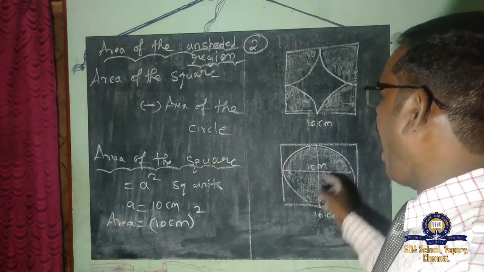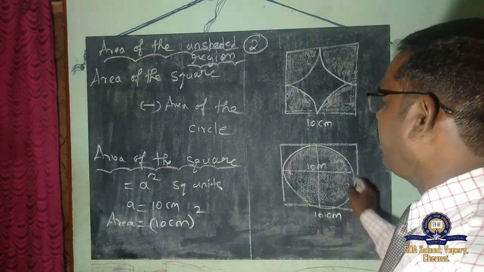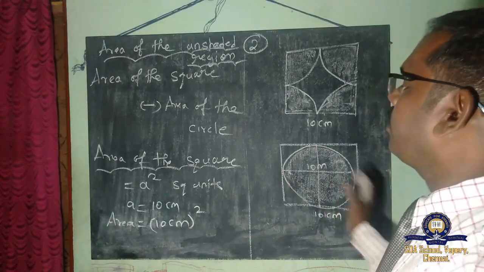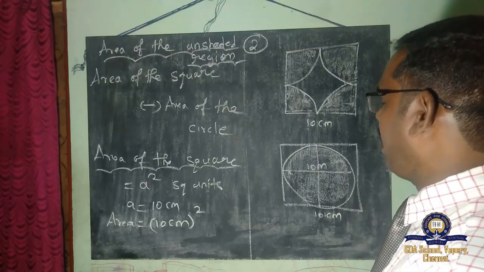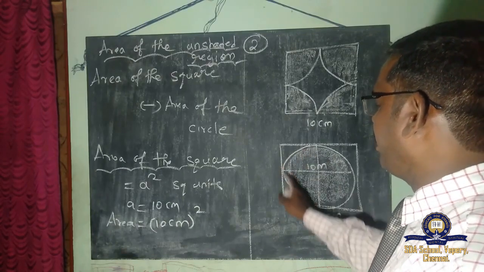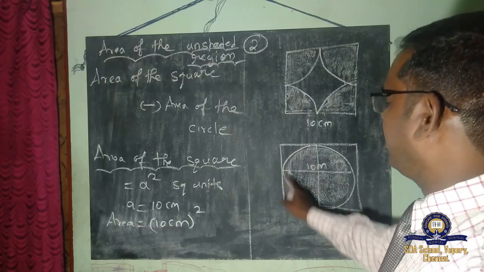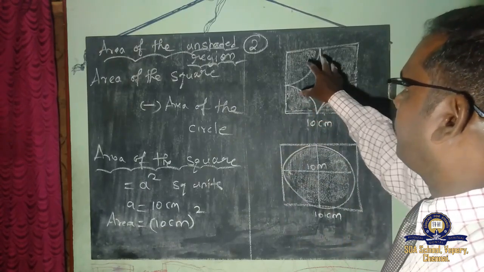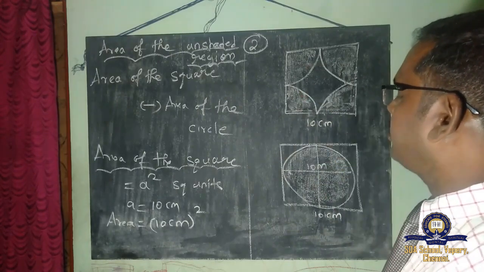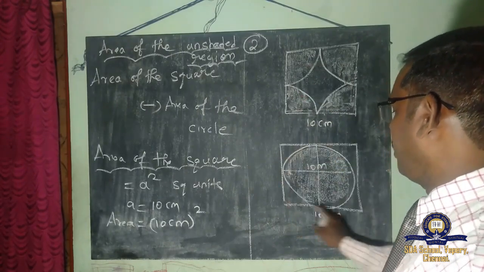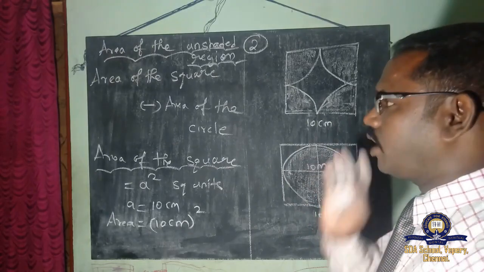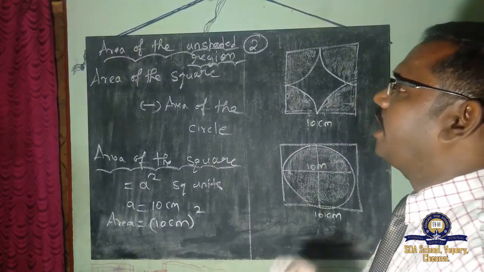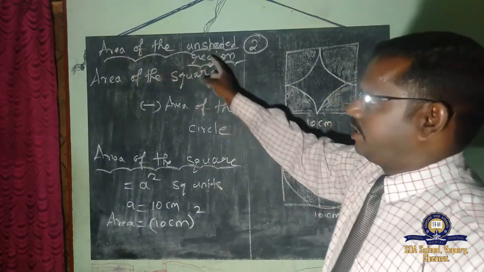From there I am going to subtract the area of the circle, so that very easily I can get the area of the unshaded region. This is the unshaded region. After I united the 4 quadrants, the unshaded region will be like this. Now they are asking only: what is the area of the unshaded region?